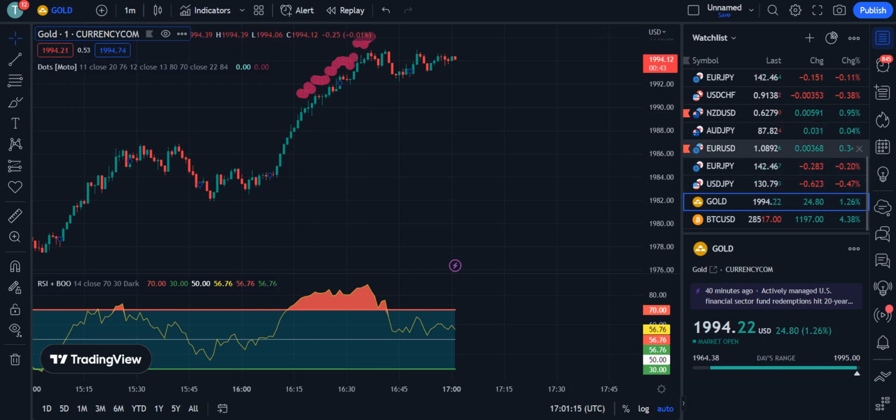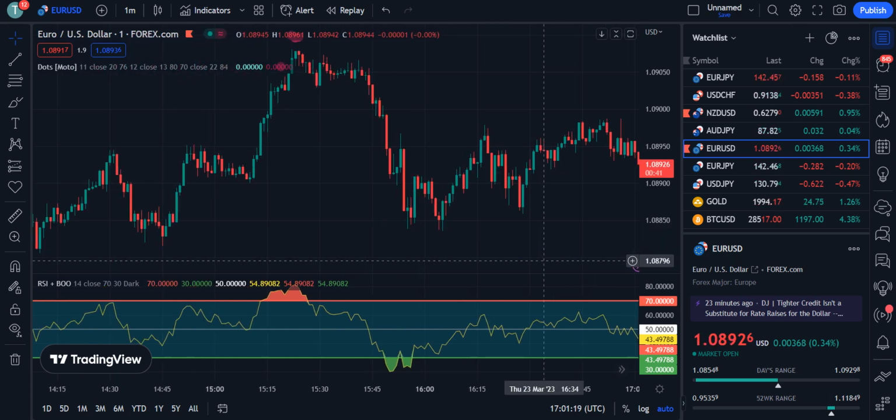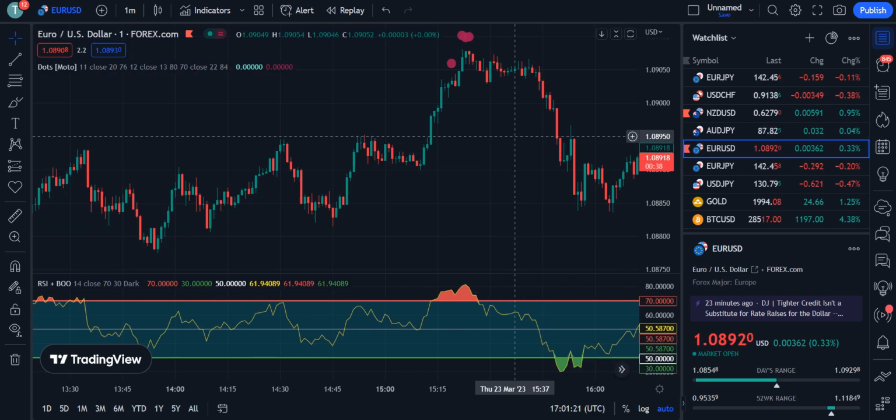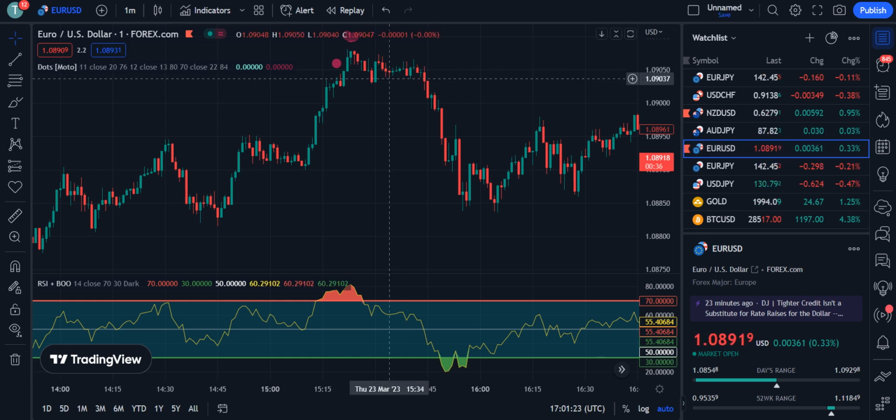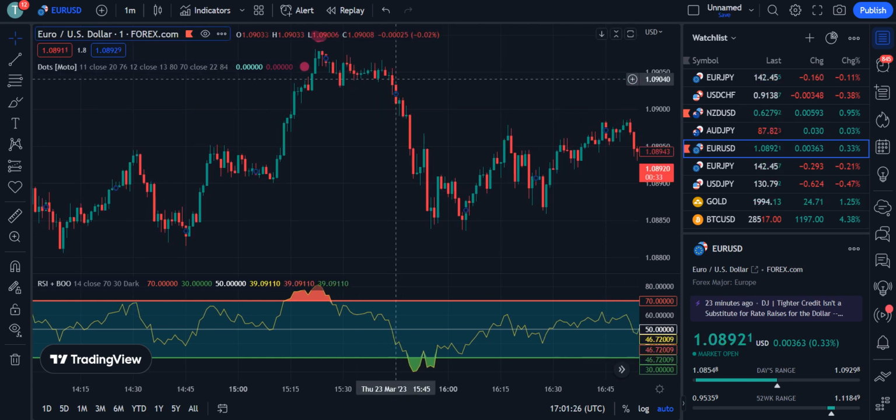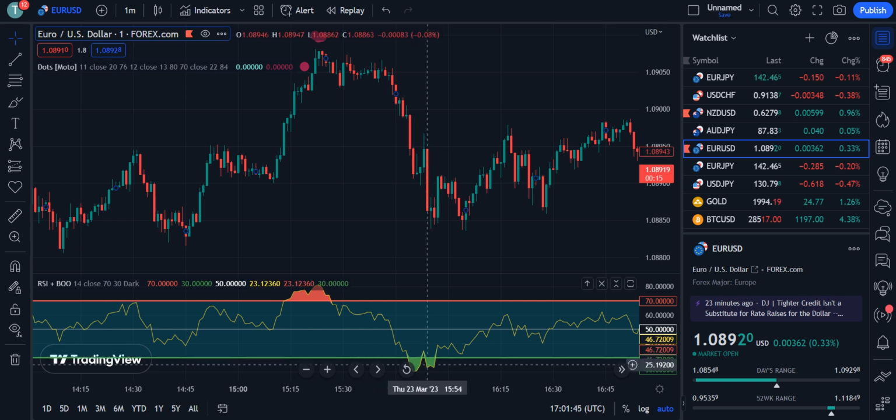Conversely, for the short position, I will show you here on EUR/USD, for example. If our Moto signal is giving us the color dots in green, then we have to look at our RSI indicator, which will also be giving us the green color. As you can see, this is showing us the oversold level. This green color zone is being drawn by the RSI plus backlight indicator, the overbought or oversold level.